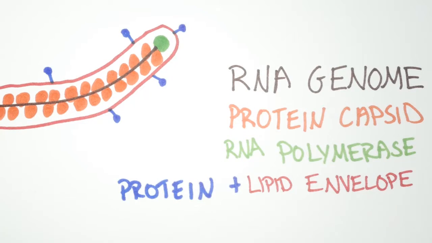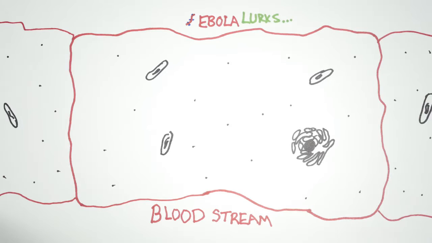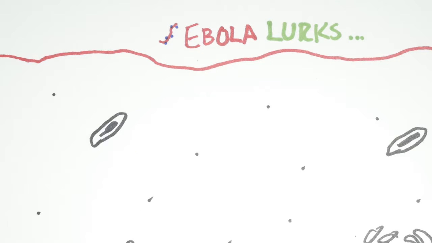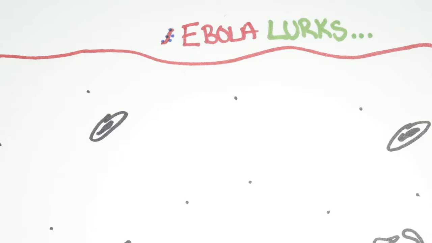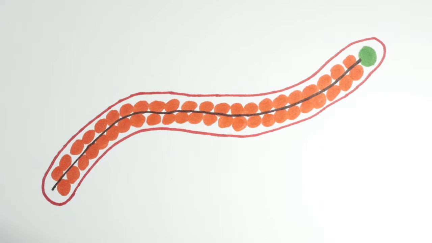So, going back to our story, the endothelial cell is going about its business, and everything seems normal. But in order to reproduce, our villain, the Ebola virus, needs to get inside the endothelial cell. Luckily, it carries a key to unlock the endothelial cell membrane.